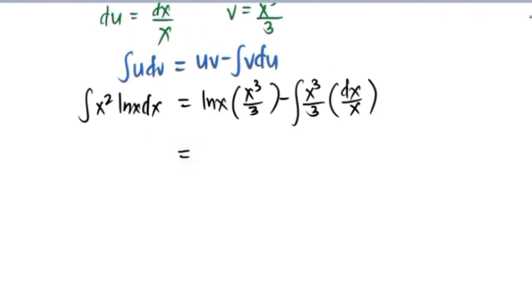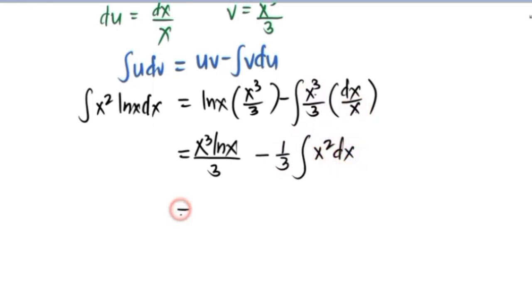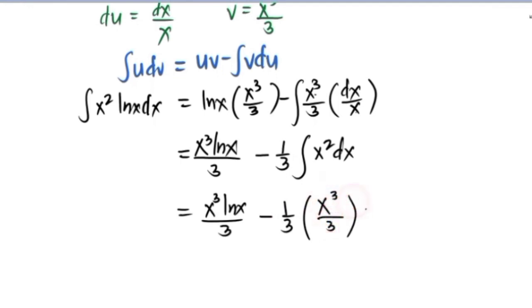So this is equal to x cubed ln x over 3 minus yung 1/3 ilabas natin, x cubed divided by x, so that's x squared dx. So this would be x cubed ln x over 3 minus 1/3. So since this is power formula, n plus 1 over n plus 1, so that's x cubed over 3 plus c.